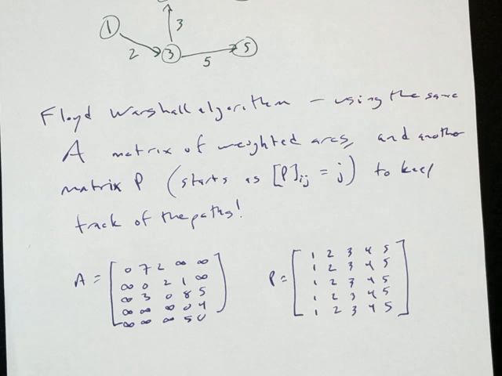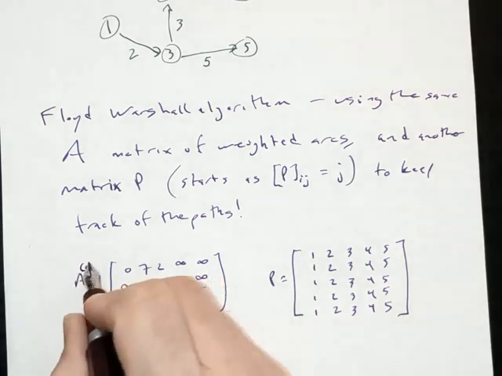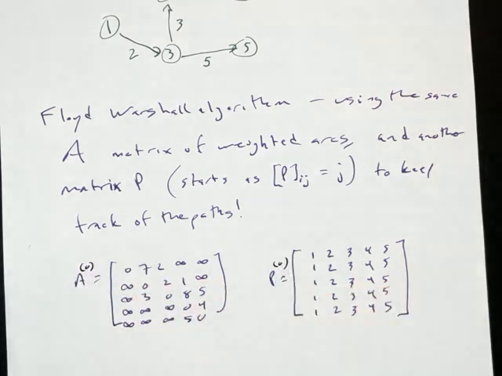Now, I'm going to do an iterative procedure. And every time I do that, I'm going to change both of these matrices. So for the moment, I'm going to call this the starting point. I'm going to call this A0 and P0. Just put a little superscript inside parentheses on each one.